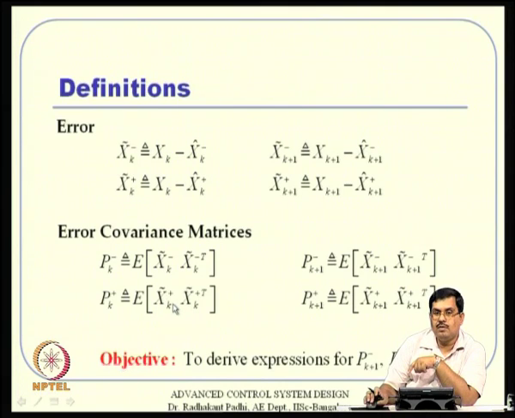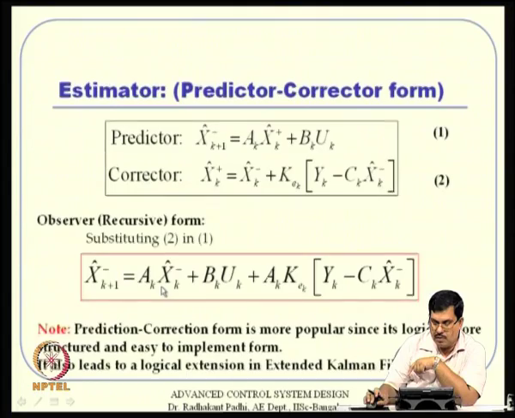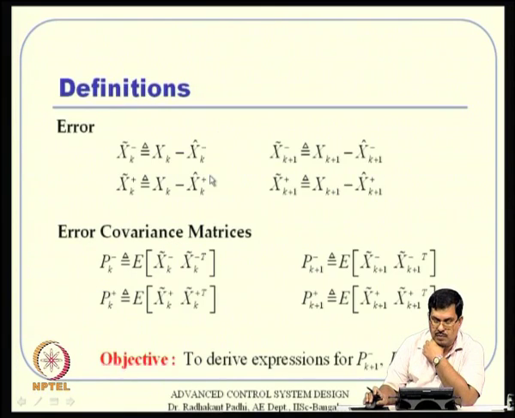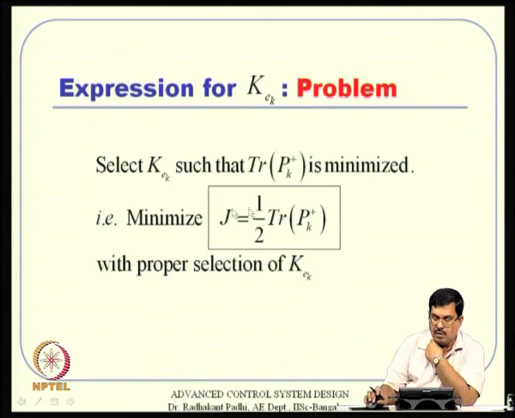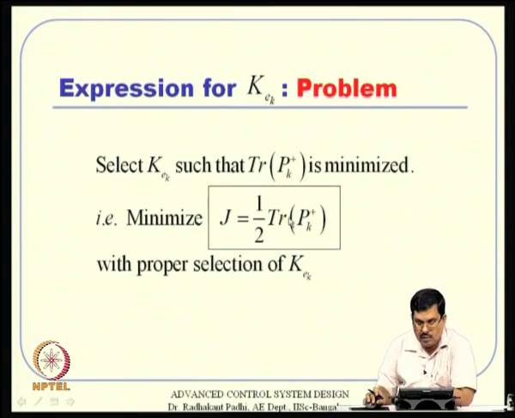That means x tilde k plus is after I correct using the innovation term, and the error term is the true value minus that. If I take a covariance matrix for that, I want it to be as minimum as possible, ideally 0. So I formulate the problem: let me see whether I can minimize this P_k plus, and minimizing P_k plus means using a trace operator.